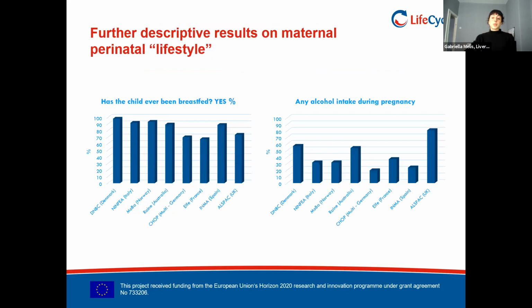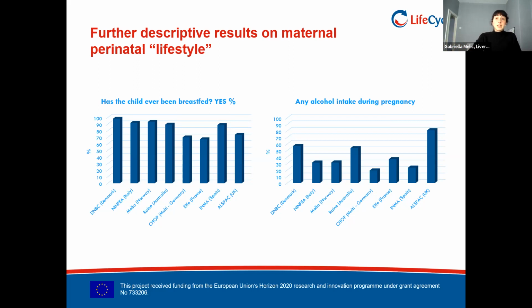And also we started working on further descriptives of other intervening variables, such as child breastfeeding, alcohol intake during pregnancy. And I'm also working on the associations between these and measures of socioeconomic conditions in the line of what I did for the descriptive associations of the maternal mental health indicators.